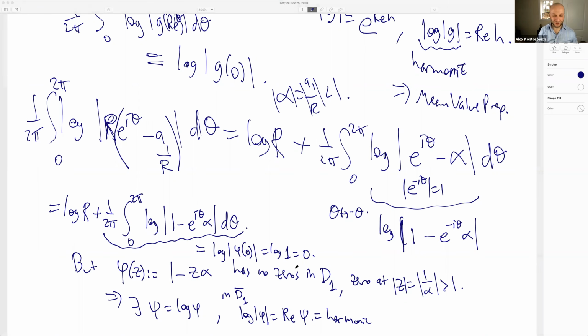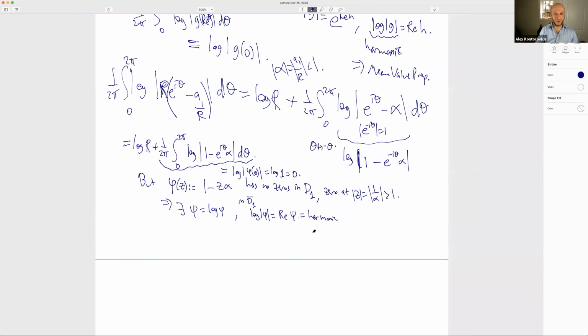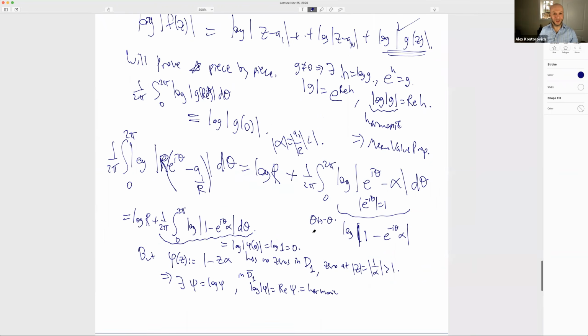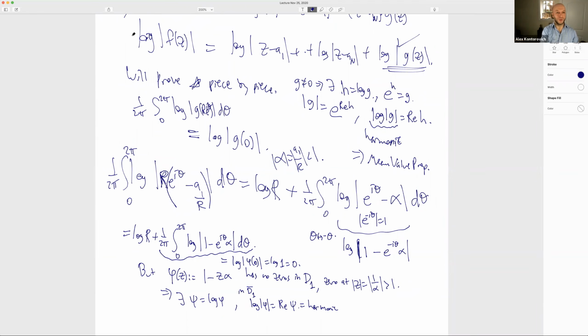Okay, so again, let's put all of this together. So we did the pieces from here. If I integrate from 0 to 2 pi, 1 over 2 pi, log of absolute value of f of r e to the I theta d theta, I'll get the integrals over all of these.